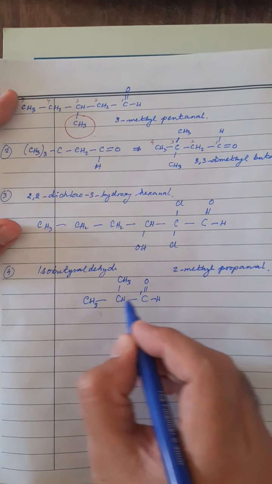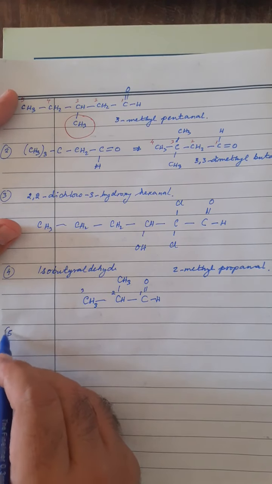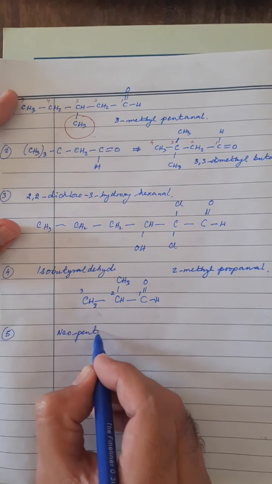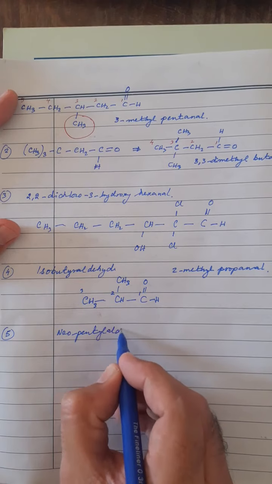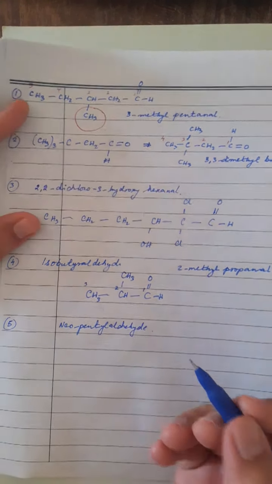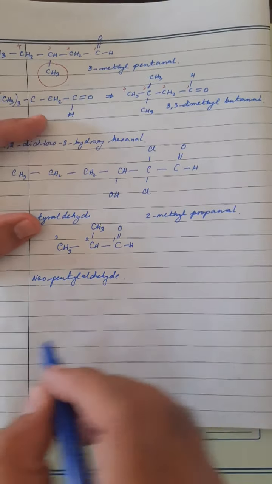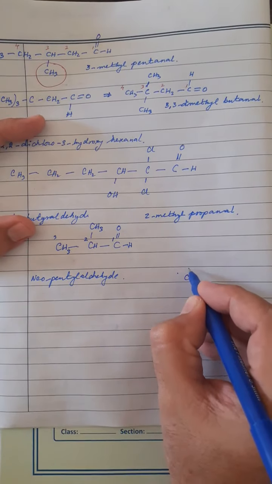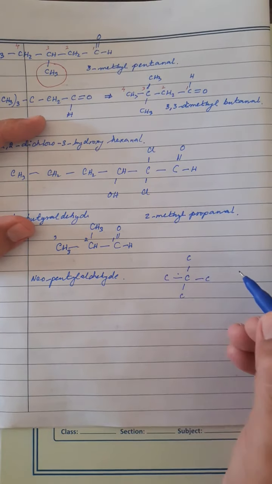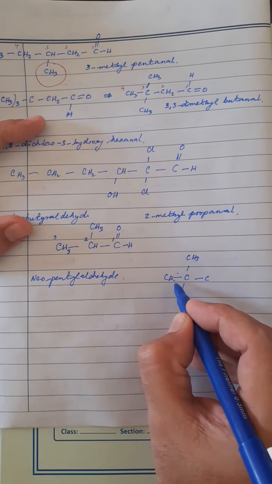Right? 1, 2, 3. Now let me give you some work right now. Neopentyl aldehyde. Now we make neopentane, right? So how do you make neopentane? Carbon, carbon, carbon, carbon, and carbon. That's neopentane. 5 carbons, but 2 of them are branched.